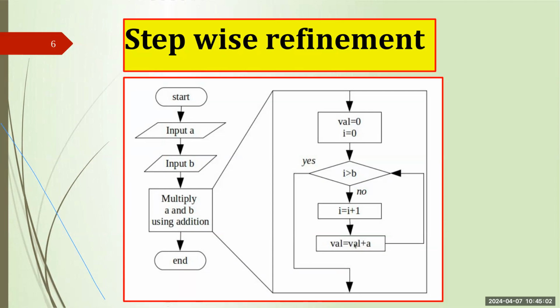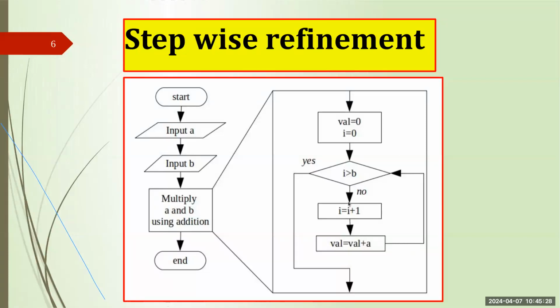This value is 0. 0 plus 2 is 2. And then check whether I is greater than B. First time I is 0, then 1.